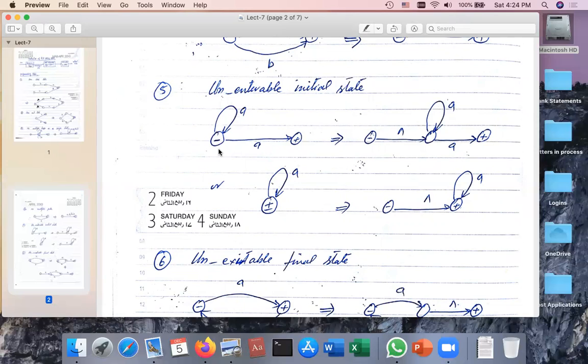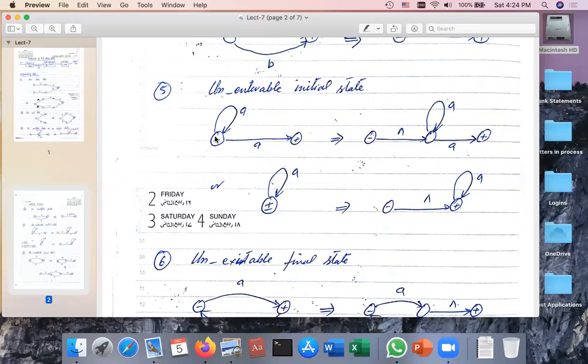This need not be the initial state only; it could be any state anyhow. But this rule is only about the initial state, the unenterable initial state. I'm not talking about other states. But we are seeing that some edge is coming into this initial state.